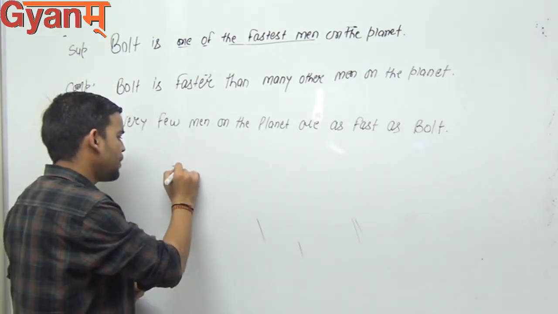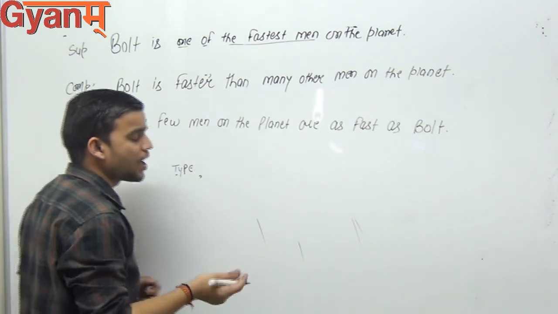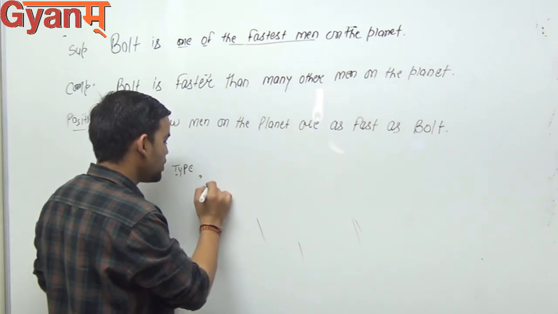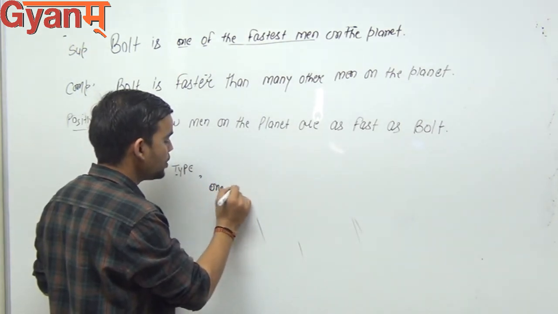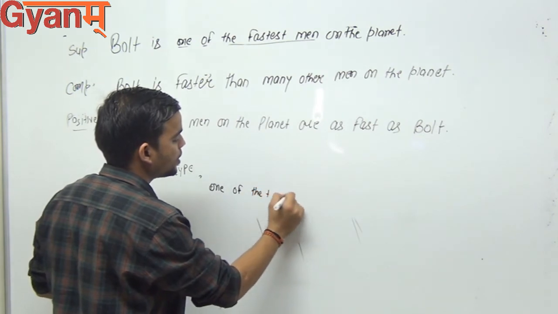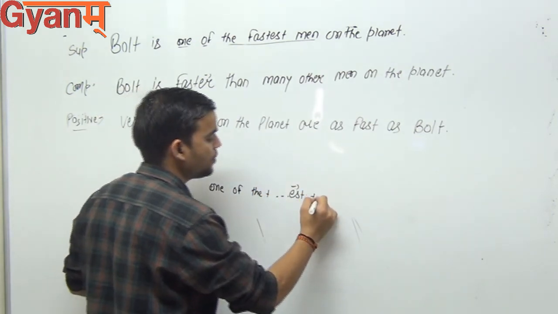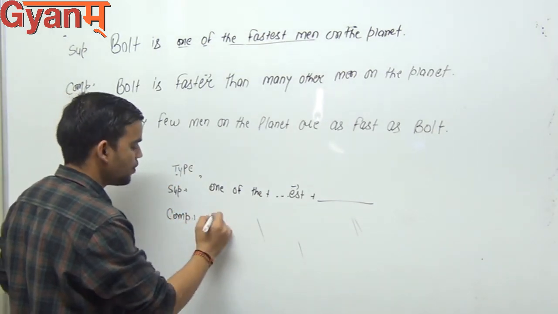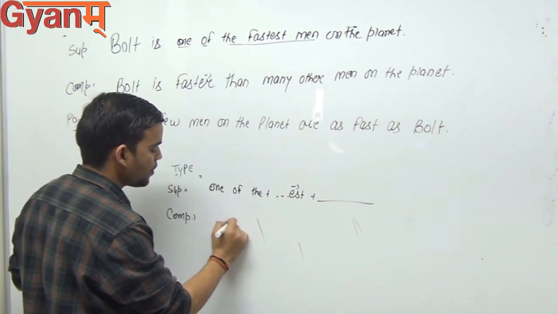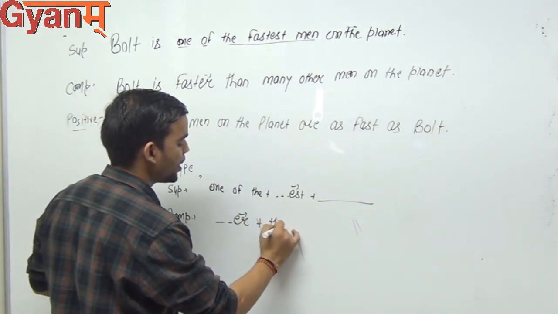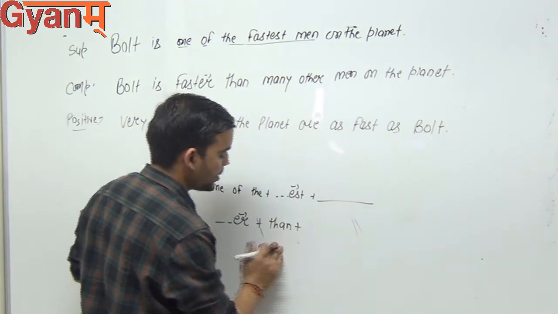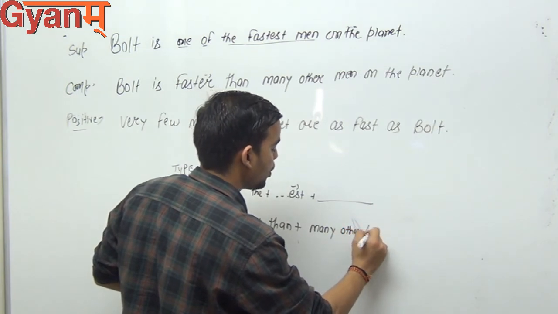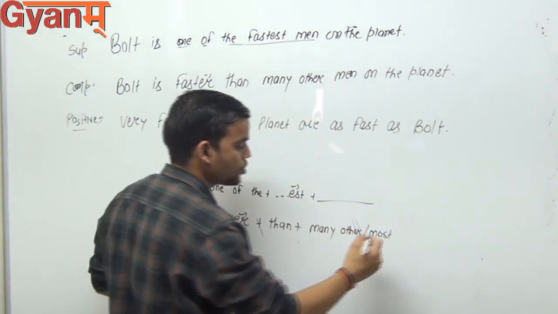So in type 2, what is the difference? The only difference is I have used the other form, one of the, in superlative. It is written as one of the plus EST, superlative. While making comparative, we'll start the sentence in the same way, ER, followed by than, and then in place of any other I have written many other, or we can write most others.